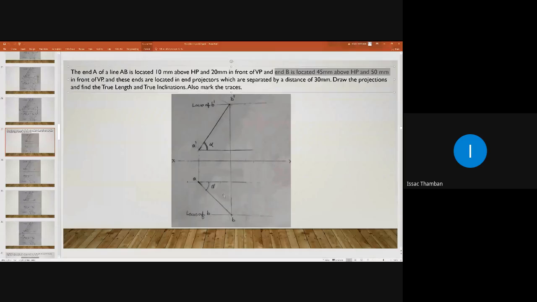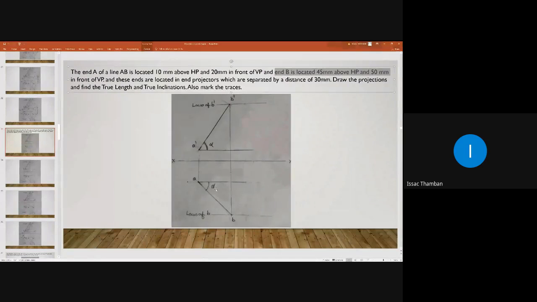So in my drawing, I am finding the true length and true inclination in the plan. So I am proceeding like that. So first we will be finding the true inclination of the line with respect to VP. So I am changing my track. First I am finding the true inclination of the line with respect to VP.